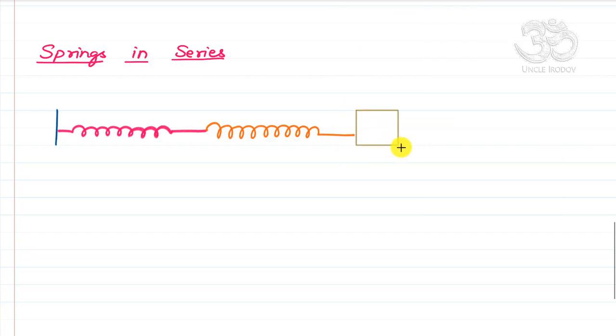The orange one has a spring constant K2 and the pink one has a spring constant K1.